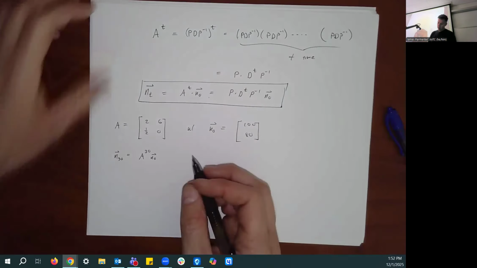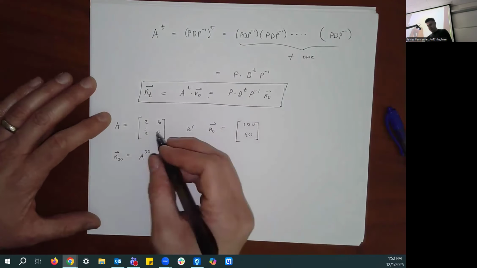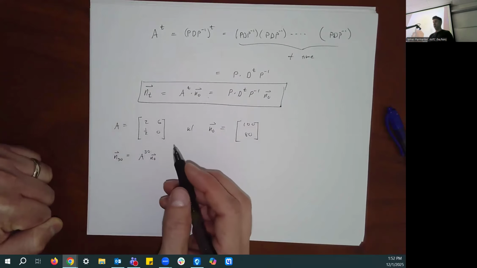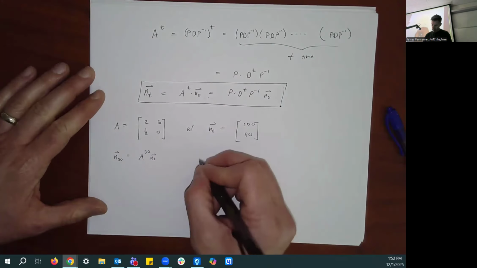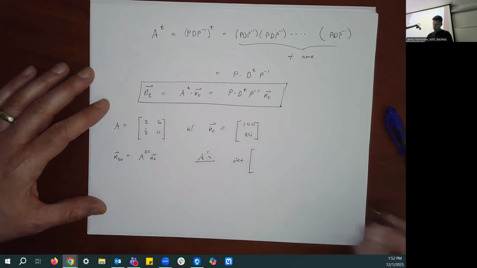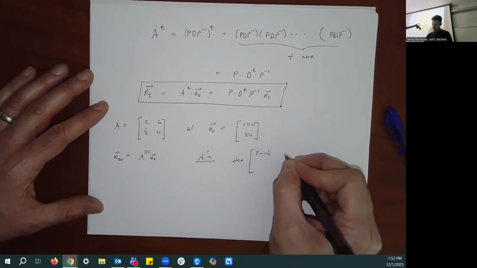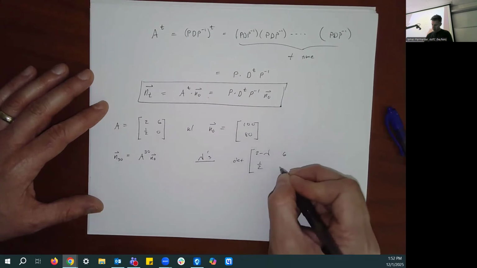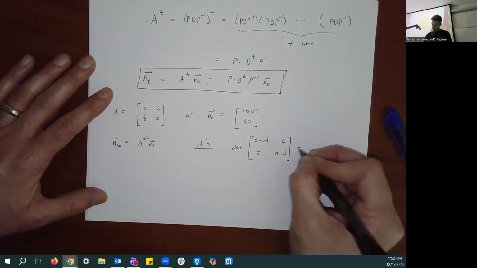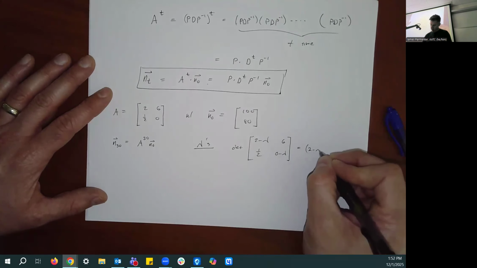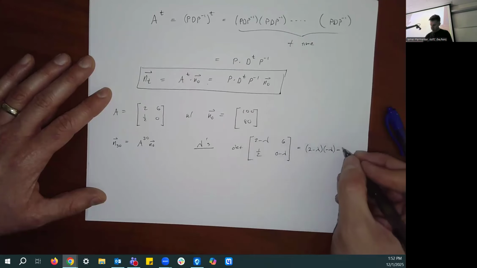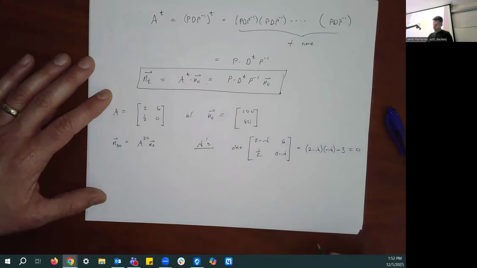So let's do it. All right, so I don't have a 0 in the nice spot, so that means I actually have to do the work to find the eigenvalues. So eigenvalues. Determinant of A minus lambda I, that's 2 minus lambda, 6, 1/2, 0 minus lambda, or just negative lambda if you prefer. That's going to be 2 minus lambda times negative lambda minus 6 times 1/2, which is 3, equal to 0.